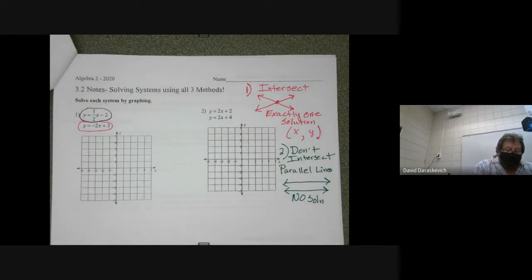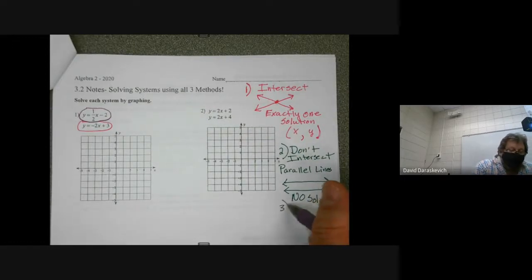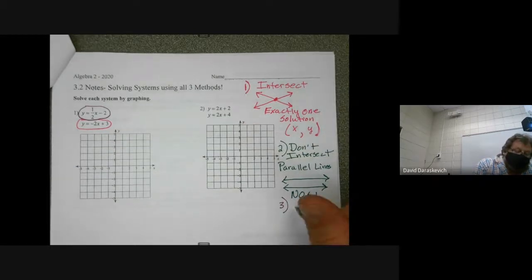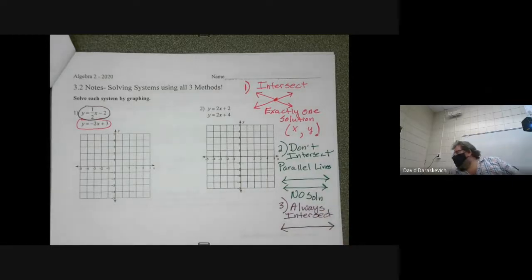And the third scenario, well, if they intersect at one point, or don't intersect, what if they always intersect? And what does that mean? Well, I can have a line here. And then I can put another line right on top of that.